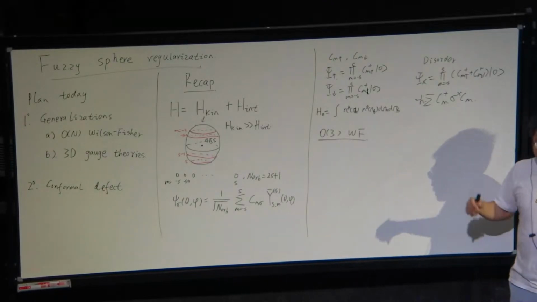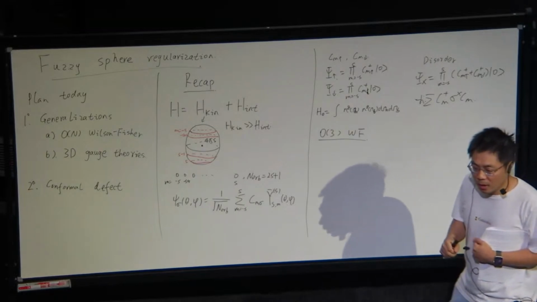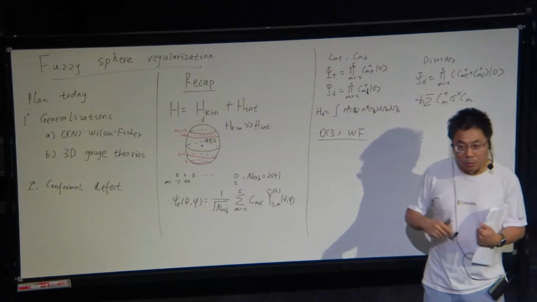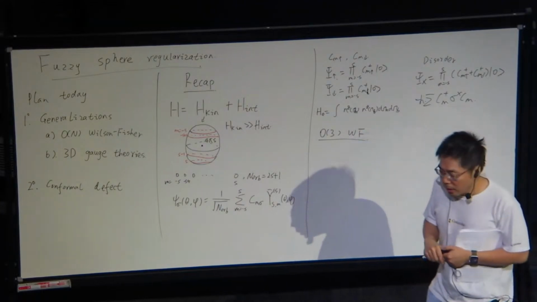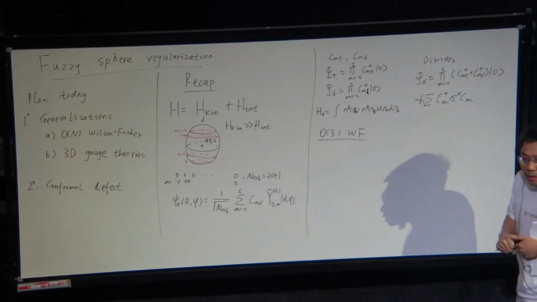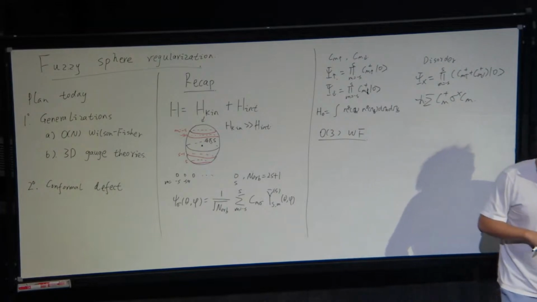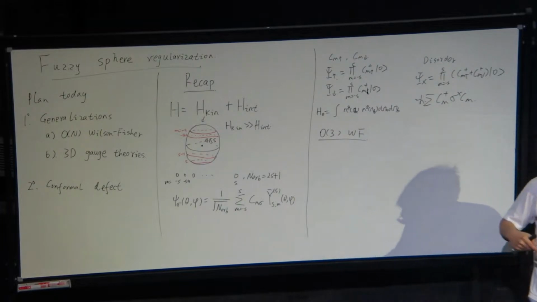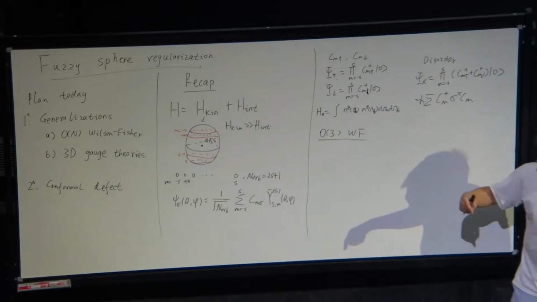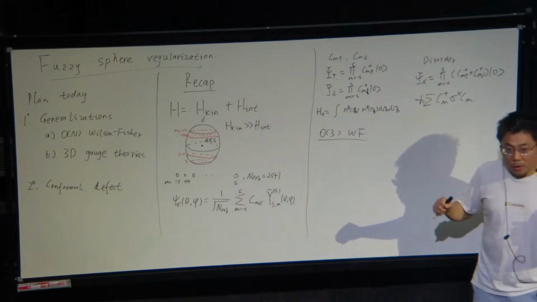Then it's natural to ask, okay, with this setup, now I'm playing with an SU(2) invariant Hamiltonian. Can I realize O(3) Wilson-Fisher? So I think the answer is no, because this model actually has an anomaly which forbids the O(3) Wilson-Fisher, because we know O(3) Wilson-Fisher doesn't have an anomaly.